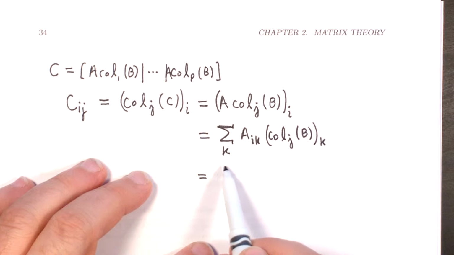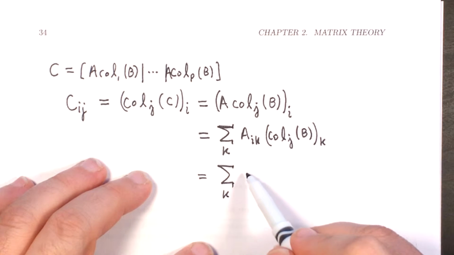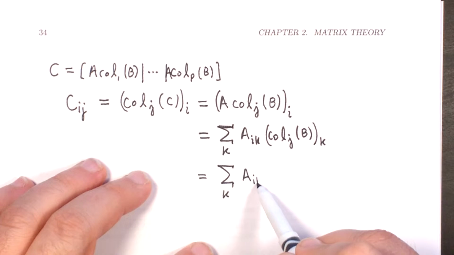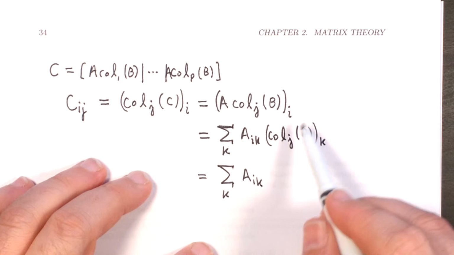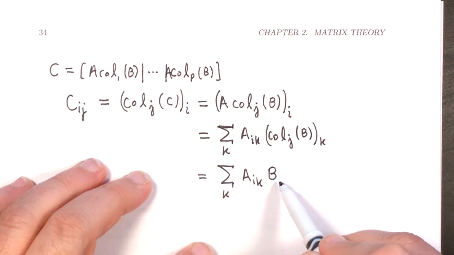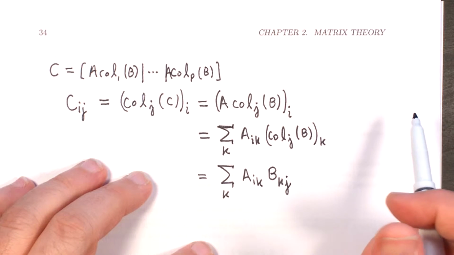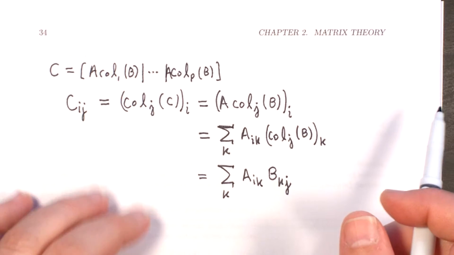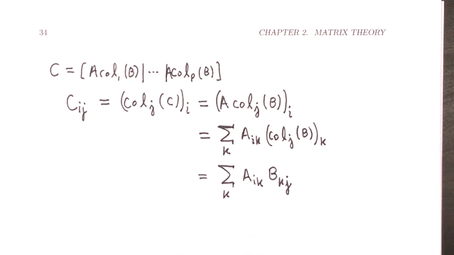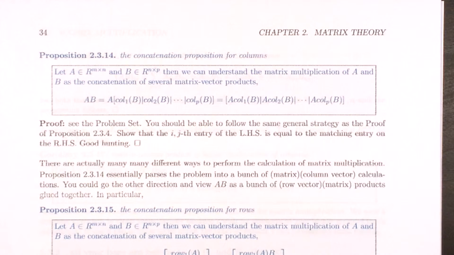You've got the sum over k of A_ik B_kj. Oh no, I'm sorry, if I write much more I've solved the problem. I better go on. Okay, so that's a little bit on the concatenation proposition.